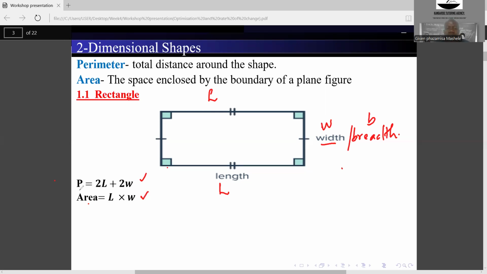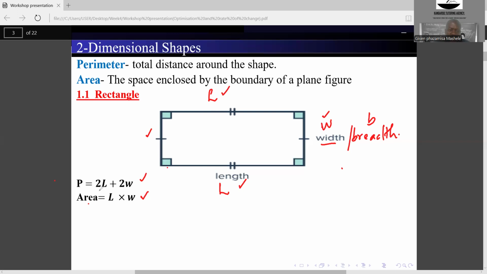How do we determine the perimeter of the rectangle? We add all the sides. Remember, you do not have to always think about the formula. You must know the application. In a rectangle, the perimeter is the total distance around the shape. So we add the length plus the width, plus the length plus the width, which means 2 length plus 2 breadth, or 2 width.